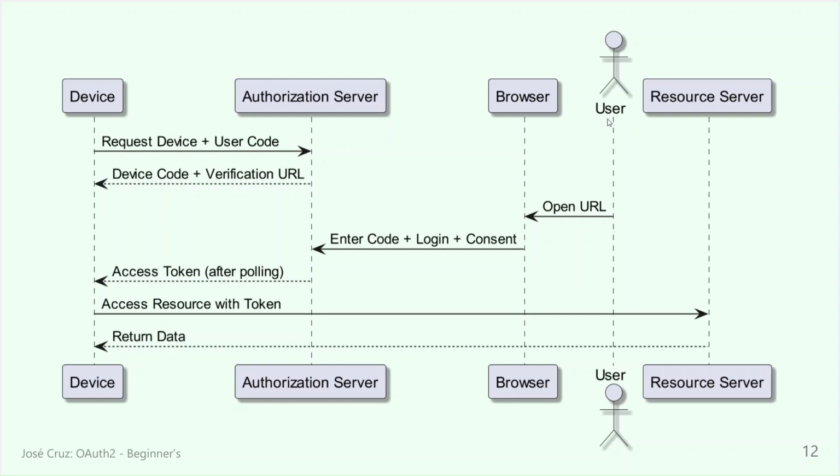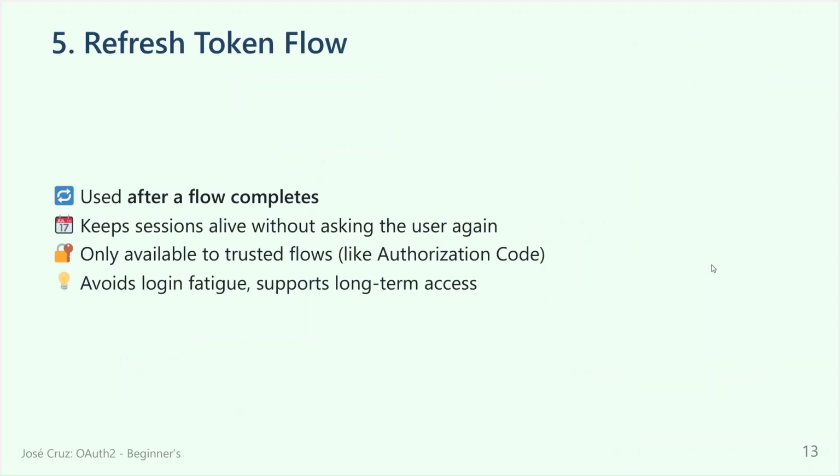You can use a keyboard, maybe face recognition, a PIN or something on your mobile, and you can open the address. Sometimes you can even see a QR code that you can open with an image on your mobile application. That's the fourth flow that you can use on OAuth2. So you have this token and you access the resource server as usual for the others.